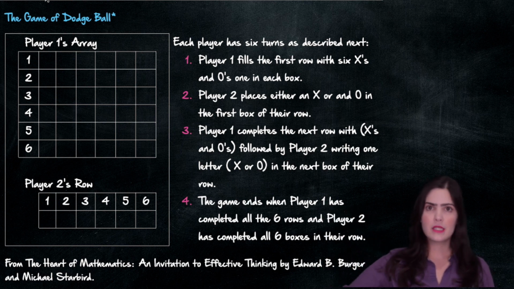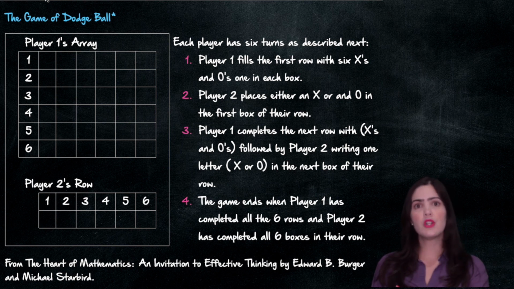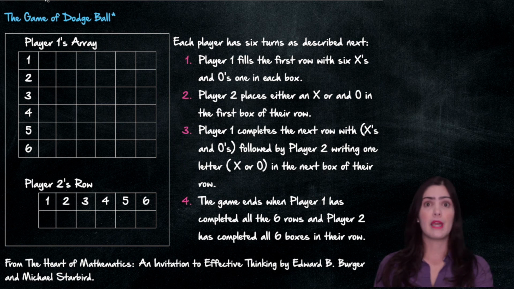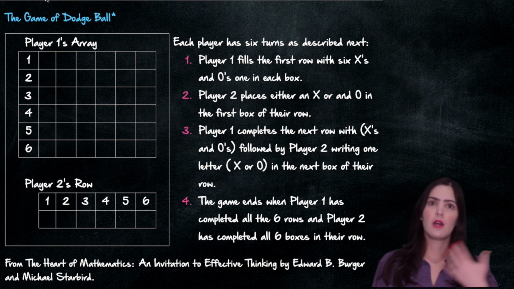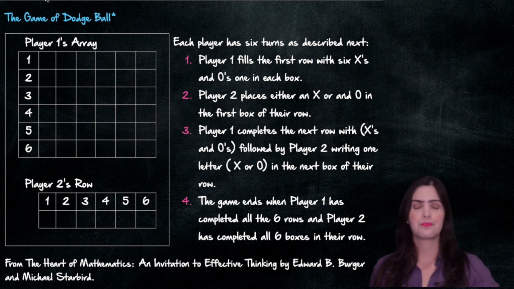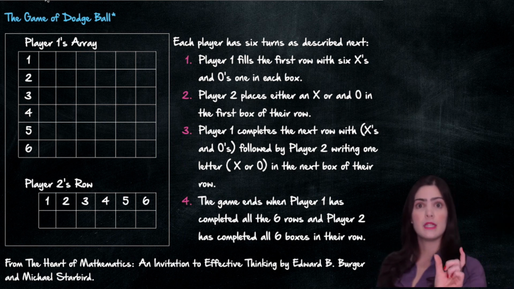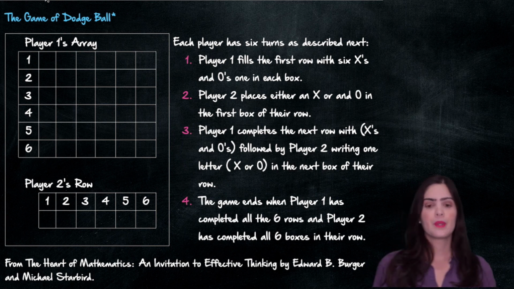Then we go to the next round, and that means player 1 needs to enter crosses and knots in the third row, complete that row, and then player 2 will write a cross or a knot in the third box of their row. The game ends when player 1 has completed all the 6 rows and player 2 has filled in all the 6 boxes in their row.